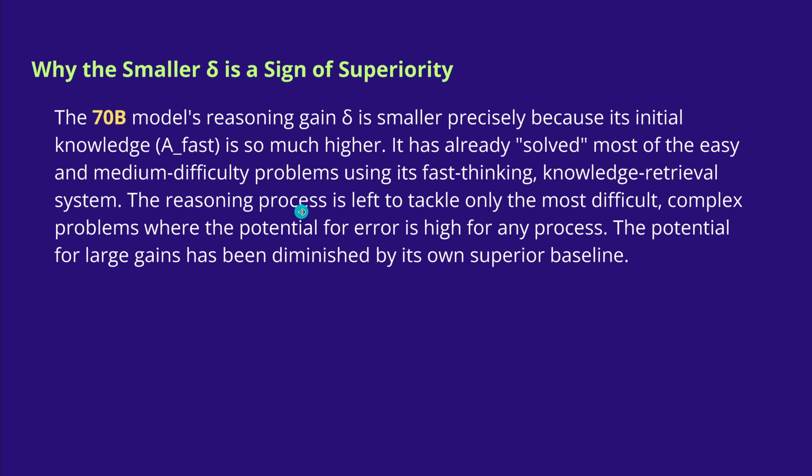So the reasoning process now, the system 2 thinking or whatever you want to call it, is left to tackle only the most difficult complex problems where the potential for an error is high for any process. So the potential for large gains has indeed been diminished by its own superior baseline performance.